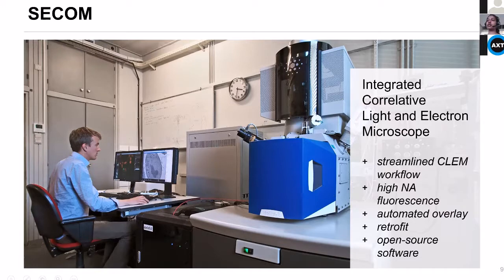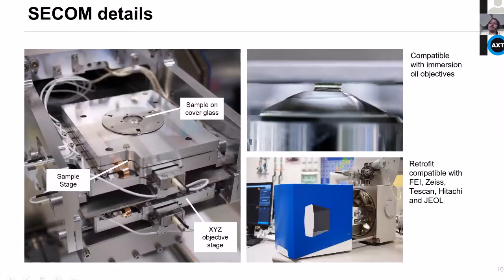But let's take a look at how the SECOM itself looks on the inside. So in the large image on the left, the annular metal disc that I'm showing here is the sample holder. The sample is placed on the cover glass. If there is an ITO slide with glass on it, it can be glued onto this in a stable way.